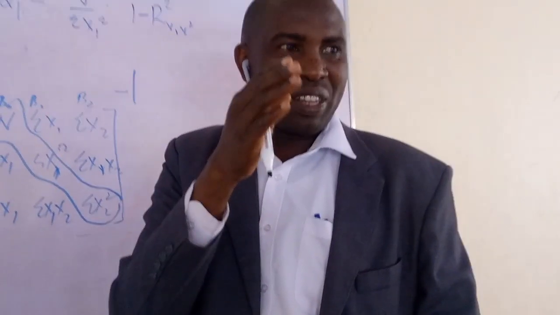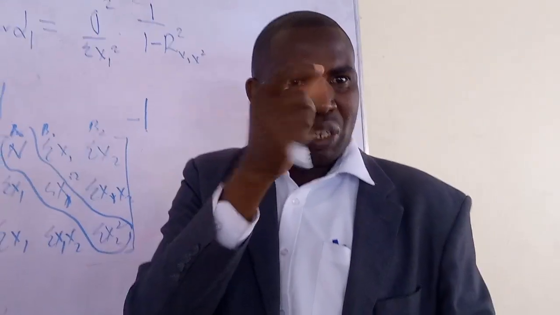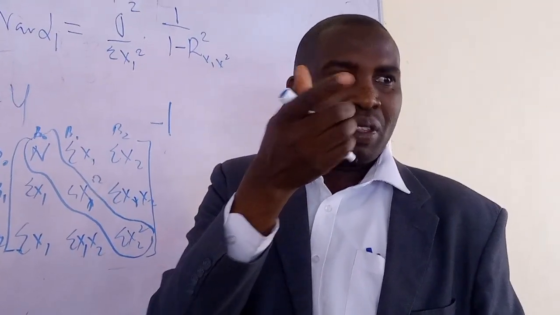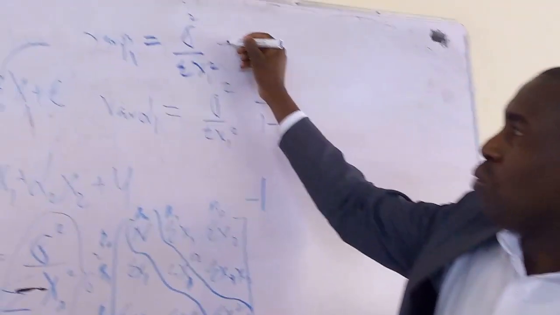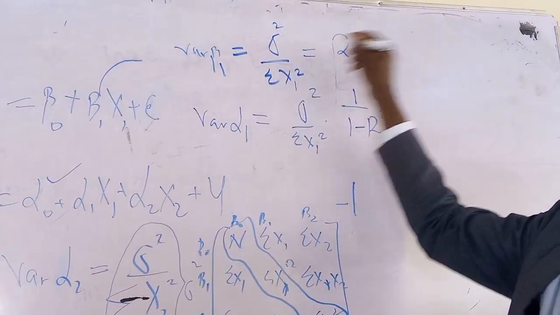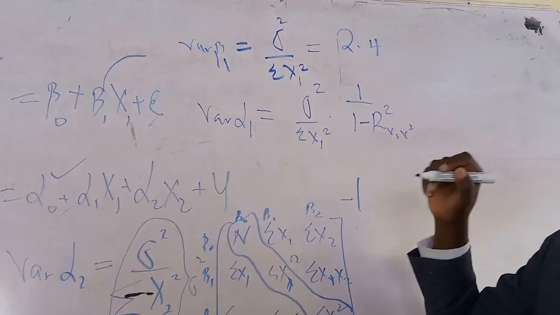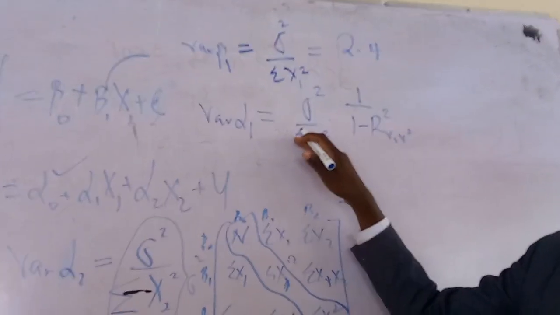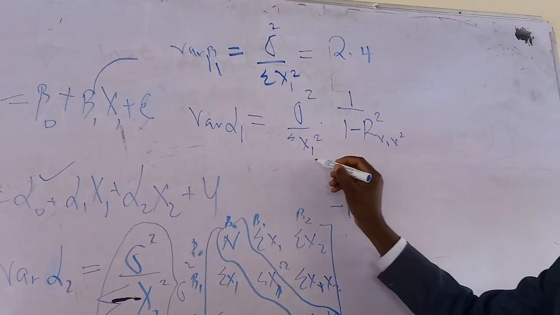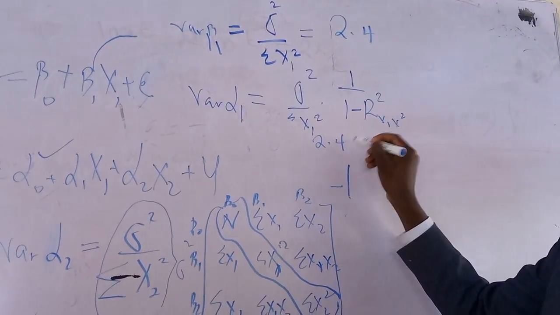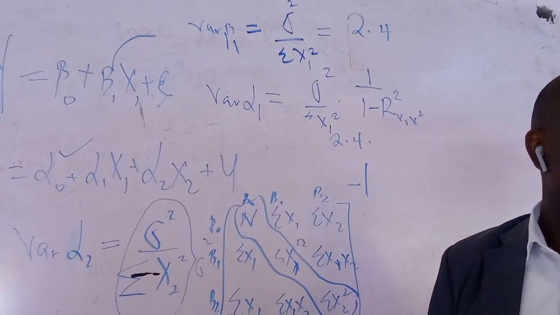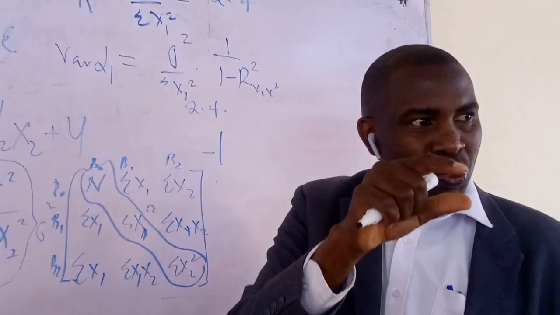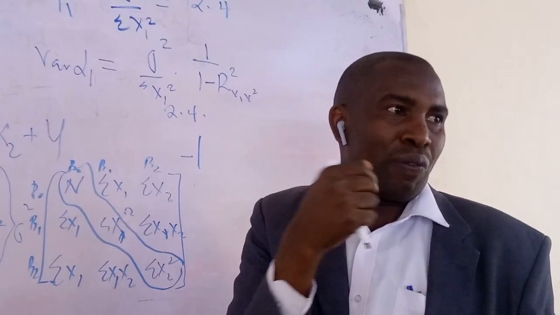Let us say our variance is 2.4. But when we include another irrelevant variable, the variance will still be 2.4, multiplied by something extra. Say the r squared between x1 and x2 is 0.4.